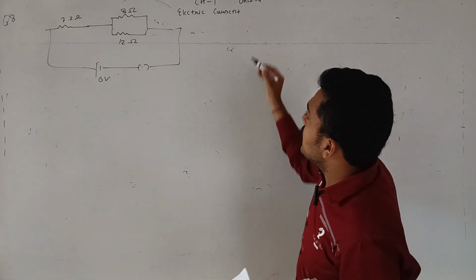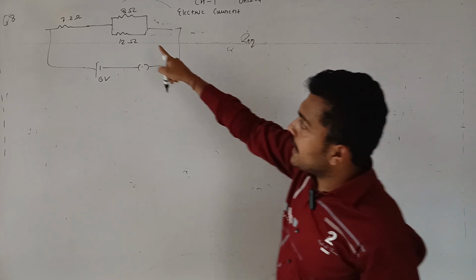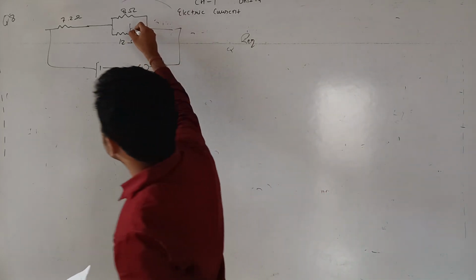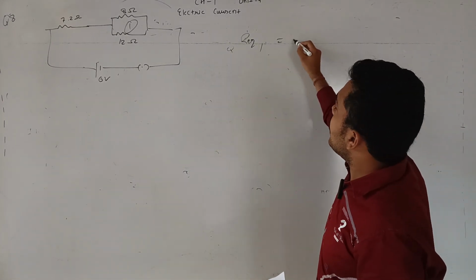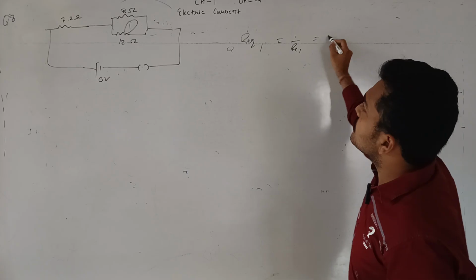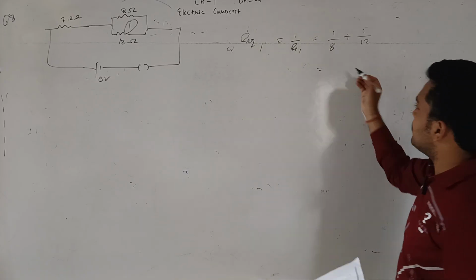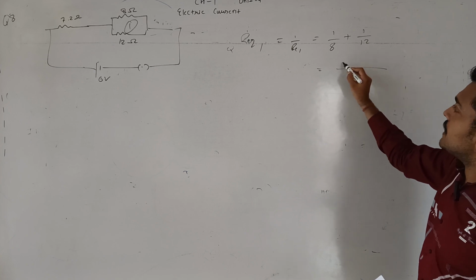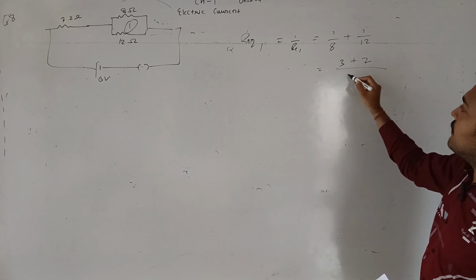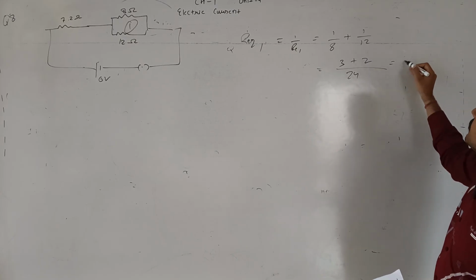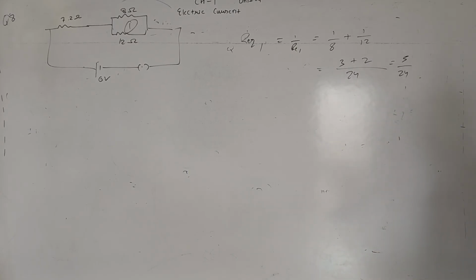So simple, first we have to find the equivalent resistance of the parallel part. 1 by R equivalent is 1 by 8 plus 1 by 12. So LCM is 24. So 8 3s are 24 and 12 2s are 24. Divide by 24, we get 5 by 24.